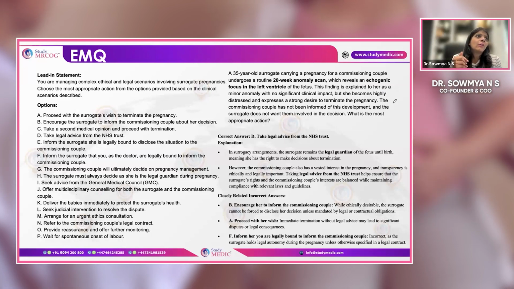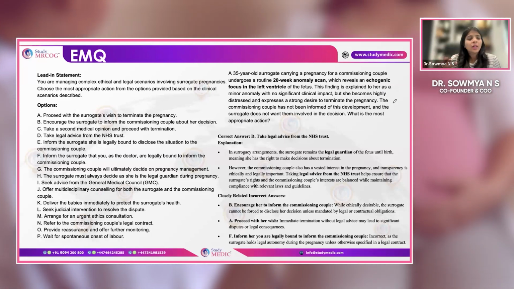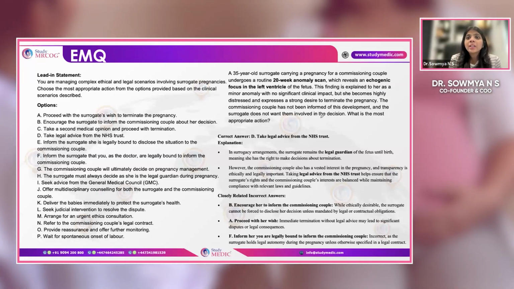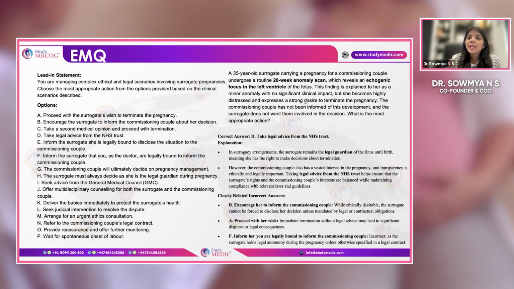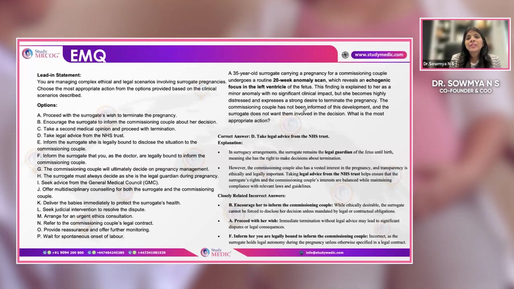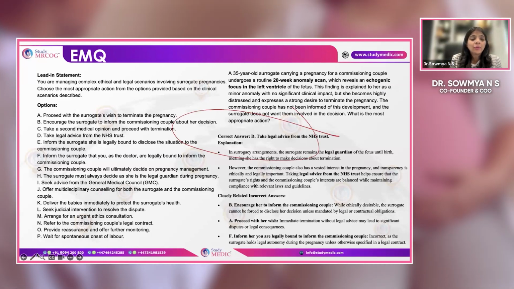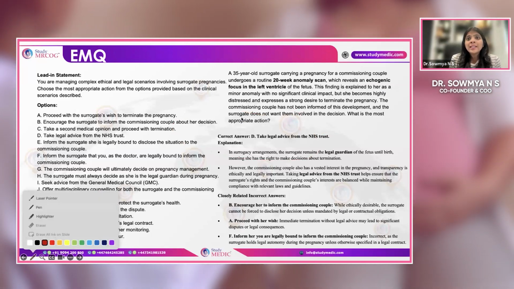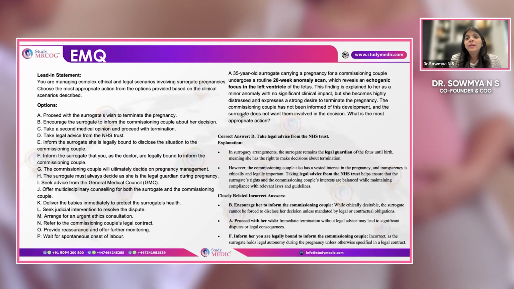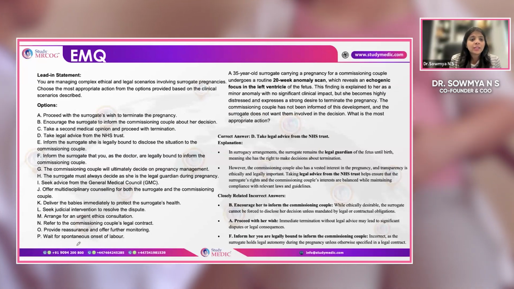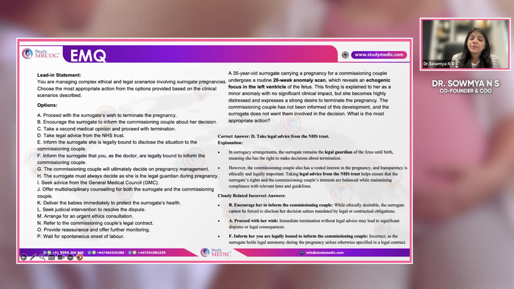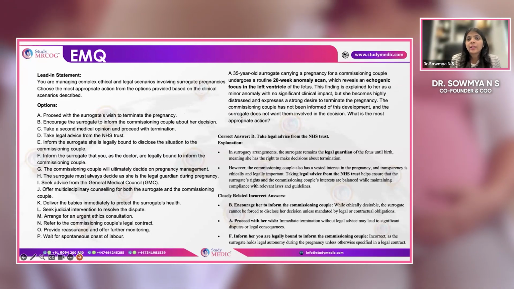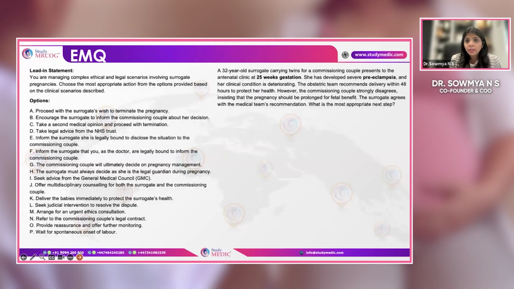Generally, a surrogate mother always talks to the commissioning couple, and if she doesn't want to, she doesn't want to. But here the problem is she doesn't want to inform anybody at all. That's the reason you need to involve the legal advisory board to minimize the friction later on, and then you can proceed in her best interest. Or if she still insists, you can take a decision based on that. The next one.